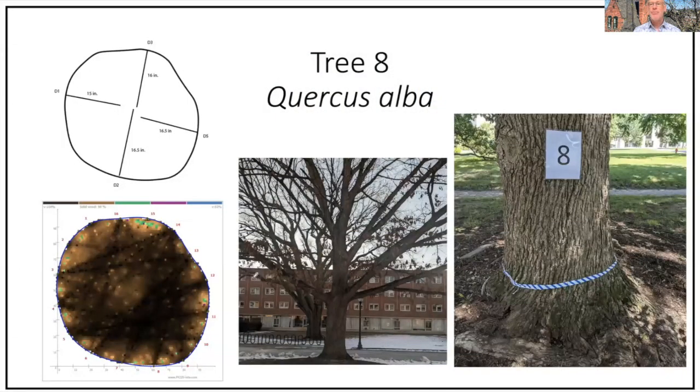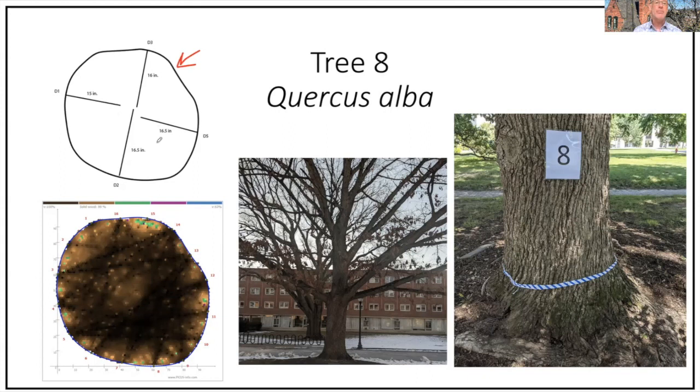Here's tree 8. So the visual rating, people are looking at the tree, which is the one in the foreground here. Here's the look at the trunk. This blue and white flagging tape is the level at which the tree had the resistograph and the tomograms done. Here's the output of the resistograph.